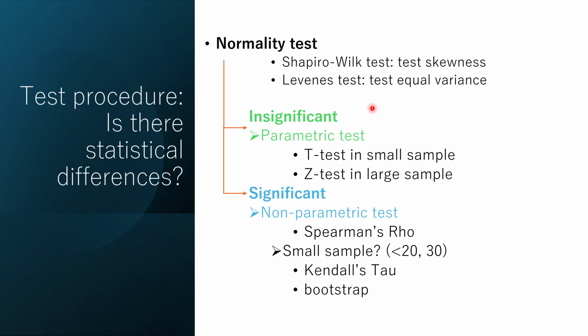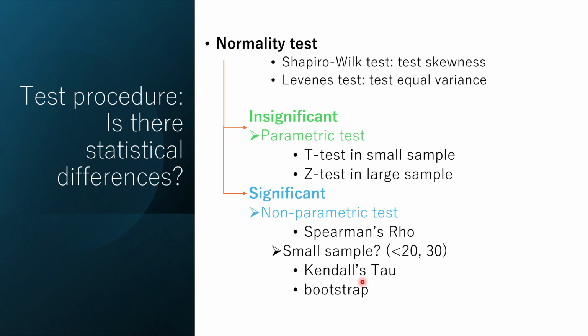And this is the procedure. Firstly, a normality test, the Shapiro-Wilk test, and Levene's test. Shapiro-Wilk tests the skewness, and Levene's test the equal variance. If significant, and the sample size is not large, then please use a non-parametric test. For example, if the sample size is under 60 or under 120, a non-parametric test would be preferable.